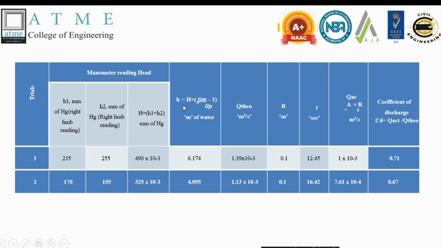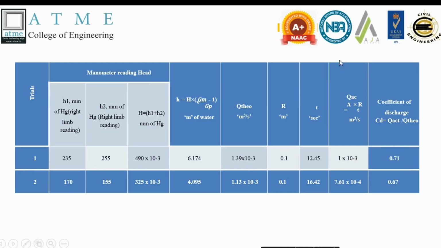With that you can calculate the venturi meter head, that is HV equals H into (Gm by Gp minus 1). So we have obtained 6.174. Once HV is calculated, substitute all the values in the Q theoretical expression and calculate the theoretical discharge. For the first trial we have obtained 1.39 into 10 power minus 3.